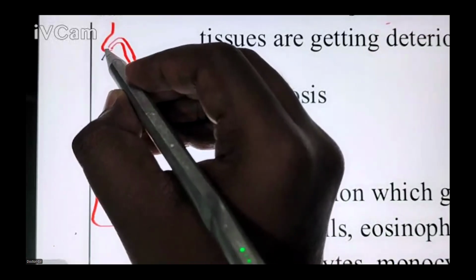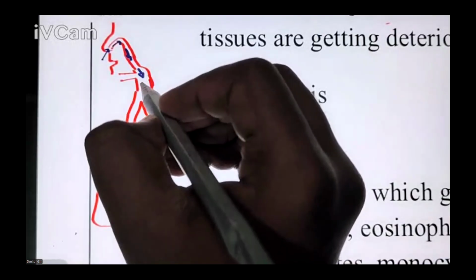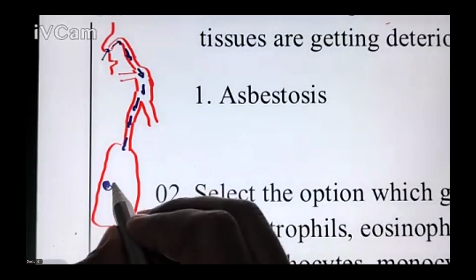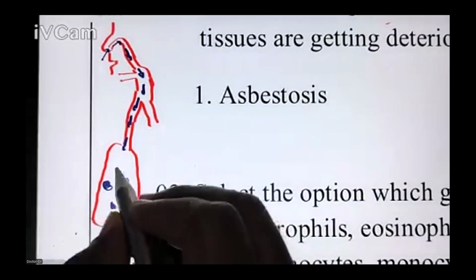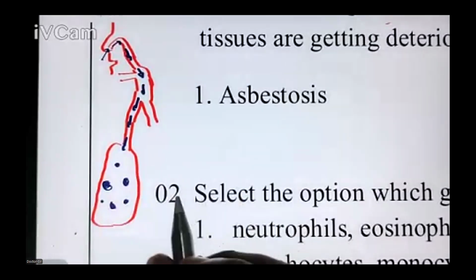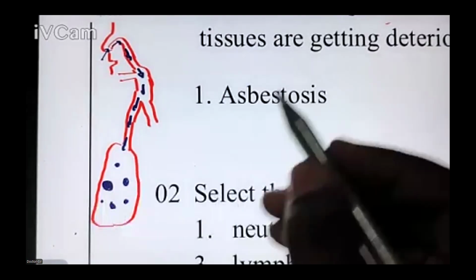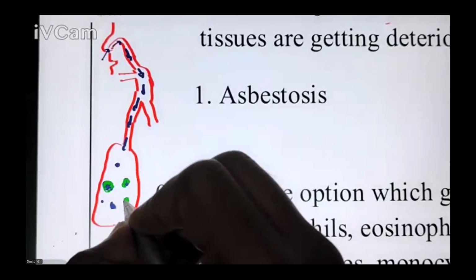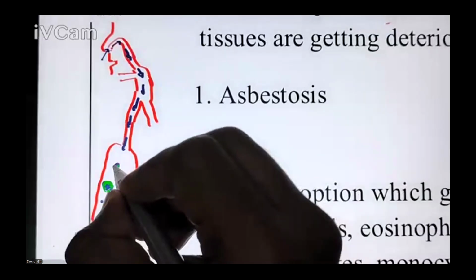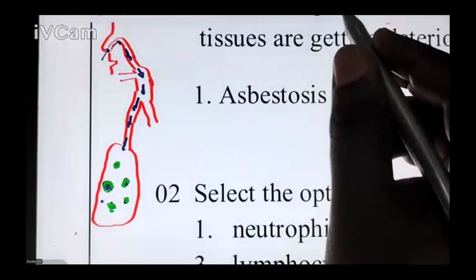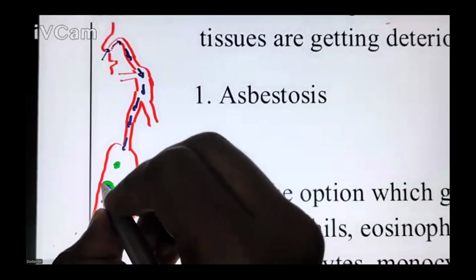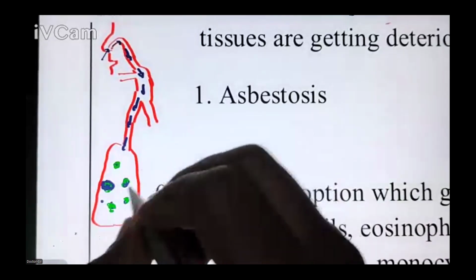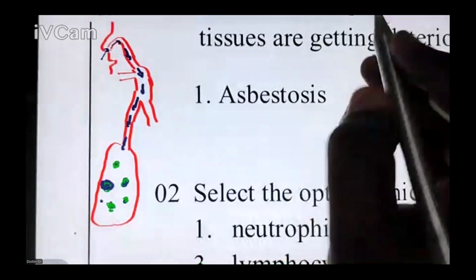Now the silicon molecules will enter here, come down the trachea and reach the lung tissues. Finally these silicon particles accumulate in the lungs. Then our immune system, the WBCs, come and attack these particles and try to destroy them.